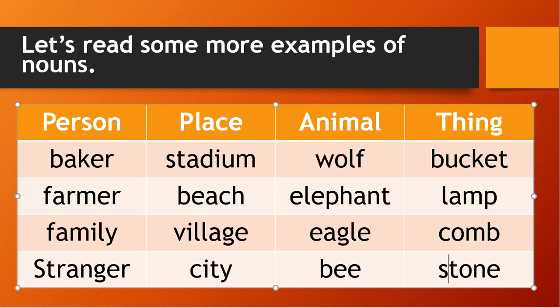So these are different examples of person, place, animal, and things.